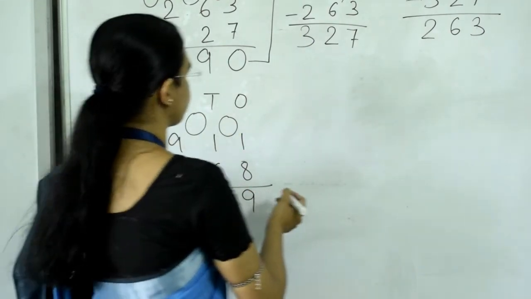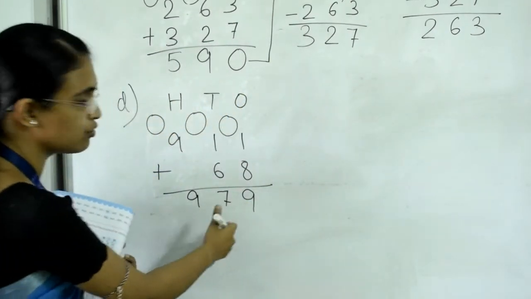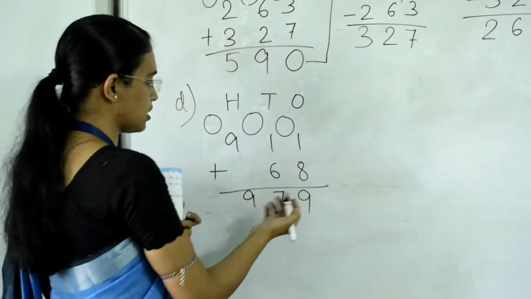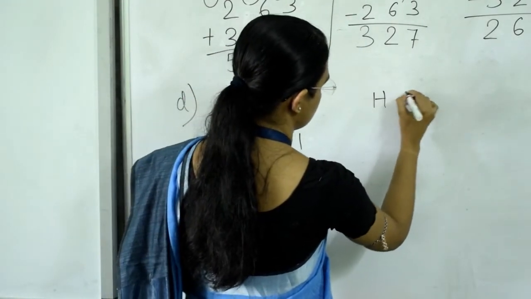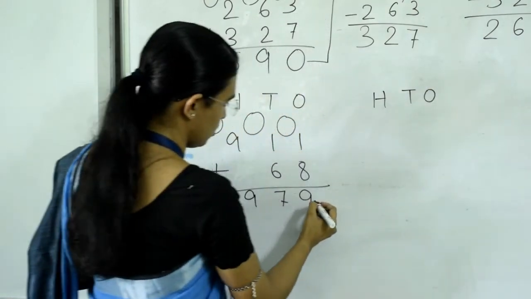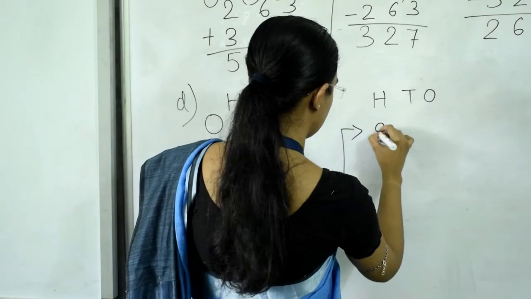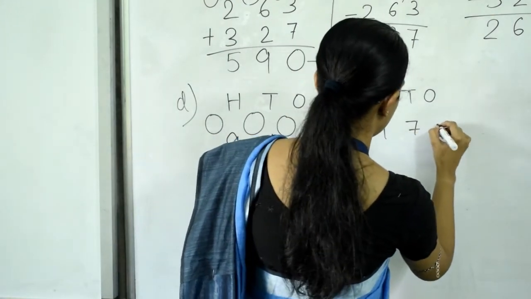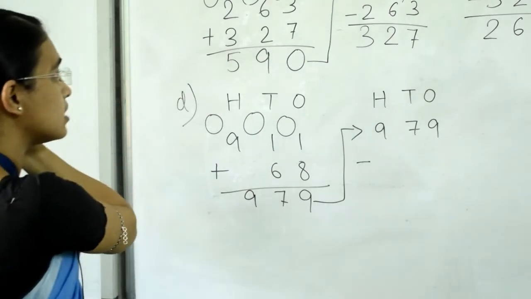Now what we have to do, after doing the addition, we have to do the subtraction, okay. So for that, first write H2O, then take this number and put it here at the top, 979, then put the minus sign.